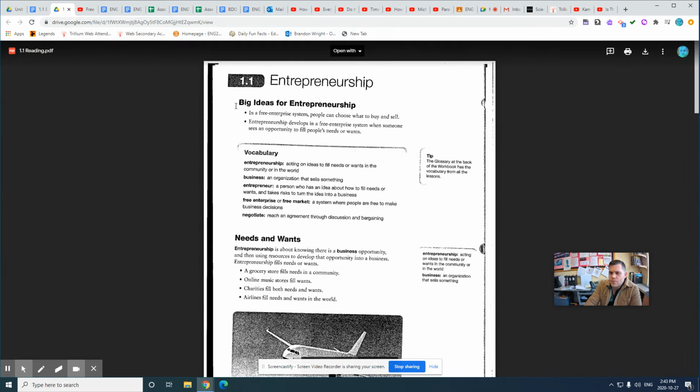So here it describes what the free enterprise system is. It's when people are allowed to buy and sell whatever they want. Obviously, we just can't buy and sell everything. For example, there are things that it's illegal to buy. Can't buy human beings. You can't buy illegal drugs.